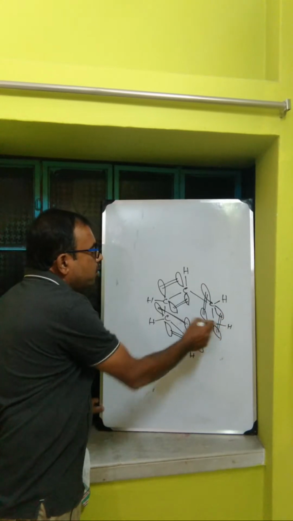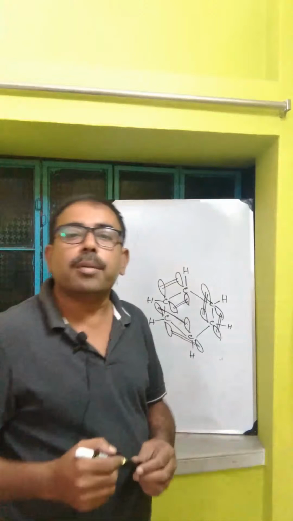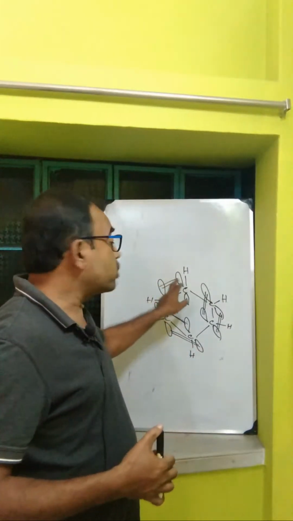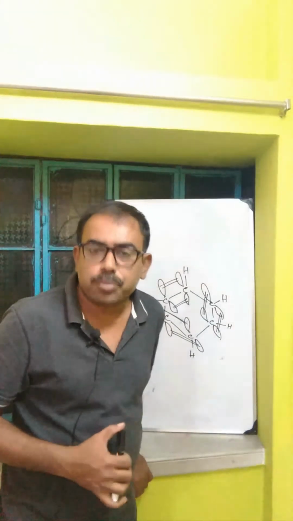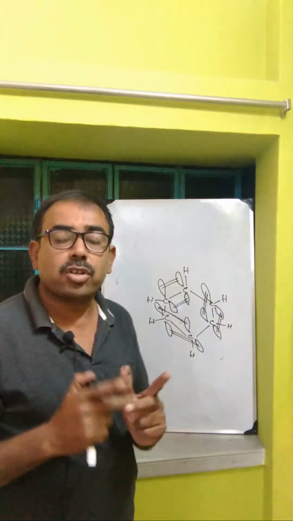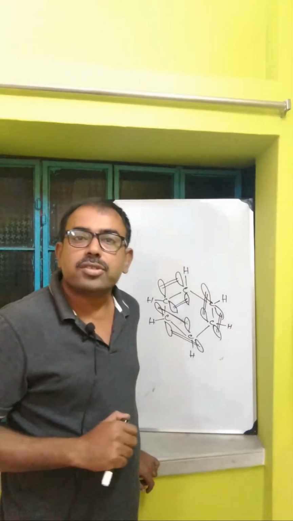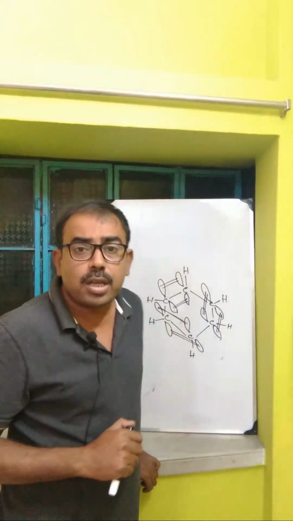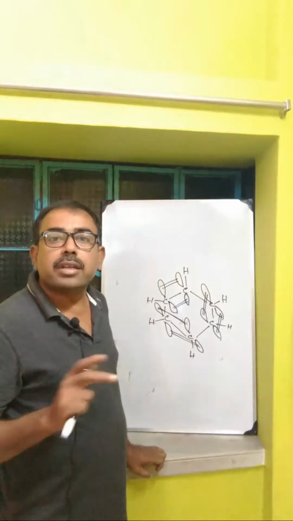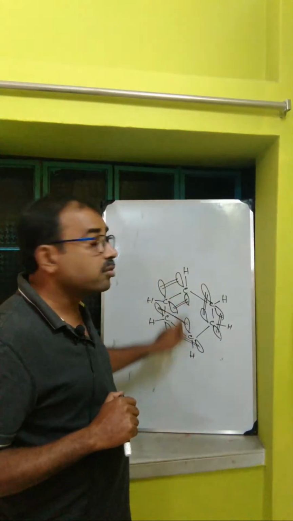Now, that lateral overlapping results in pi bonding, and the extent of overlapping is very poor. In case of sigma bonding, the head-on overlapping, the extent of overlapping is very high. That's why the resultant sigma bond is very strong. But in case of pi bonding, lateral overlapping, the extent of overlapping is very poor. That is why those bonds are very weak.